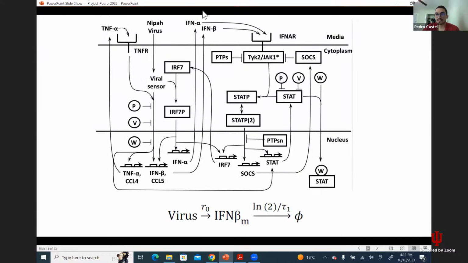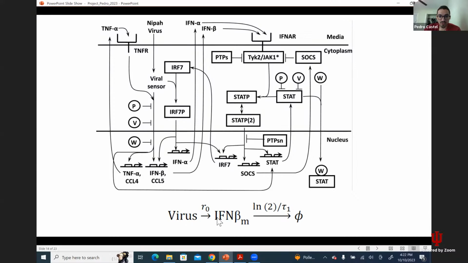I found plenty of inconsistencies between the network and the equations they wrote. So, for example, virus produces interferon. There is no engagement of this specific path here. So TNFR, TNF alpha, they are not engaging in this equation.